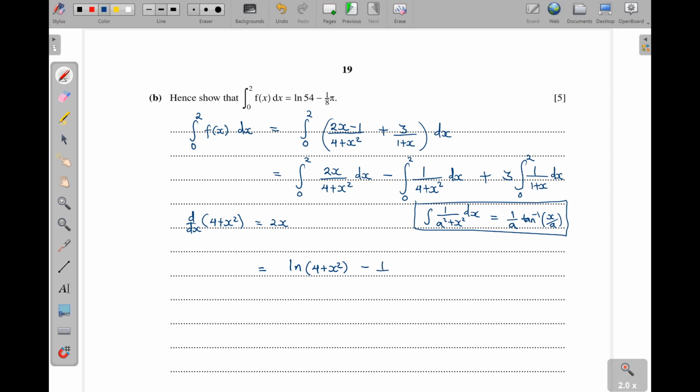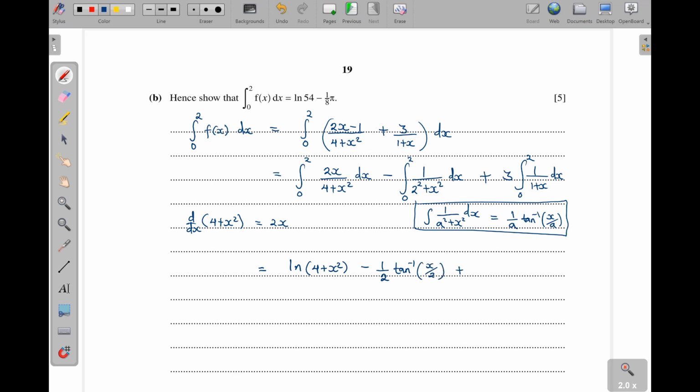Now our a here is going to be a 2. So let me just write this one as 2 squared such that it looks exactly as this. So we are going to have 1 over 2, then the arctan of x out of 2.